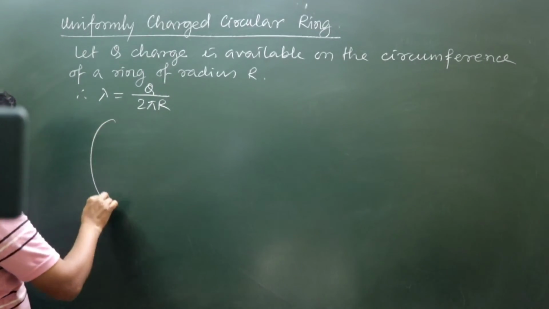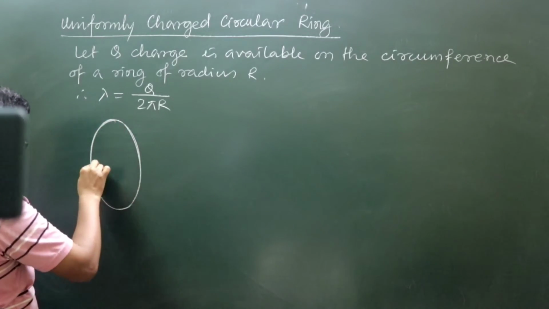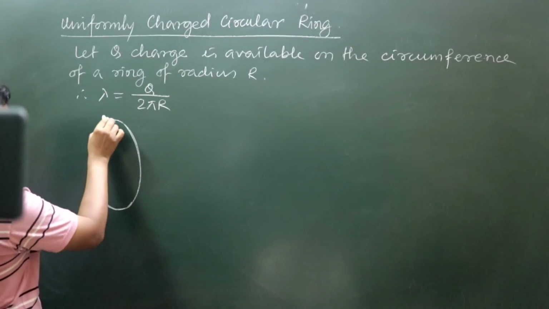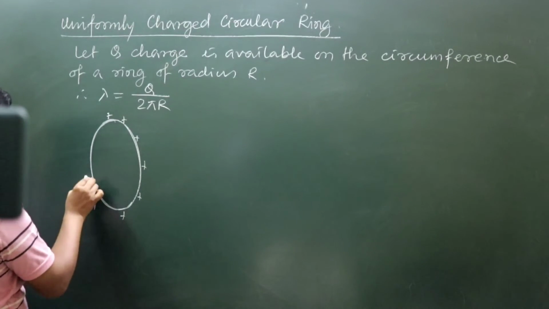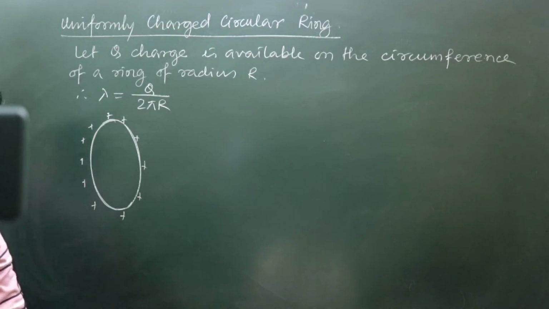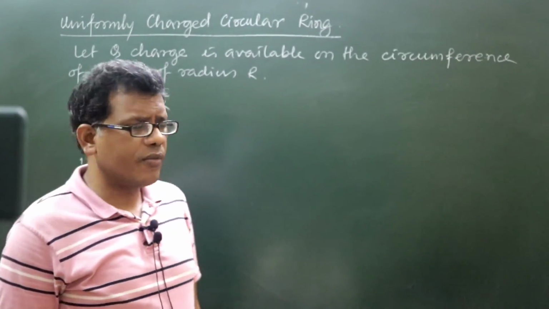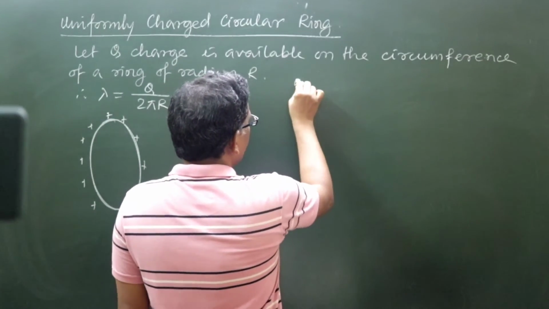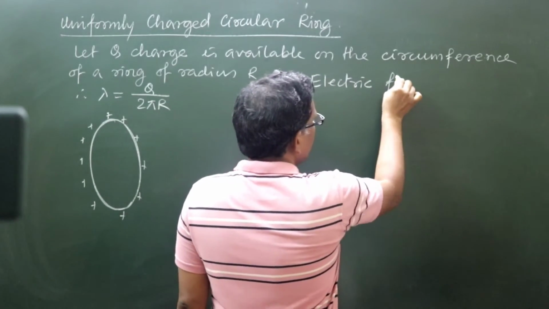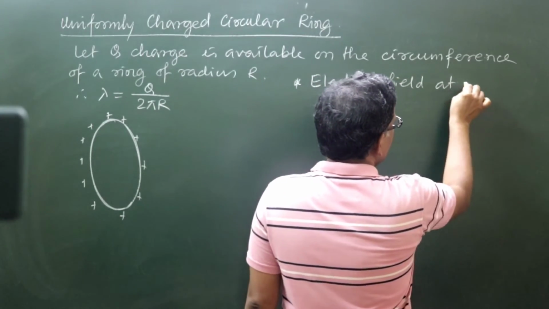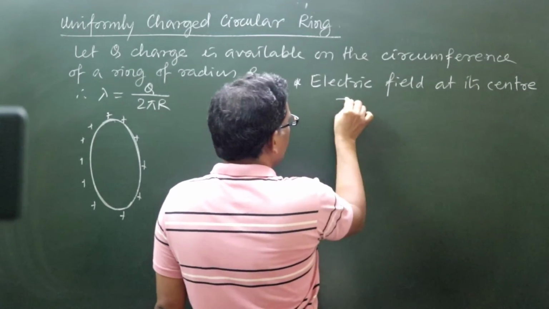So for example, if I take this circular ring, with charge appearing on its circumference, we will be discussing the electric field. First, the electric field at its center. If you want to discuss the electric field at its center, it will be straightaway 0.